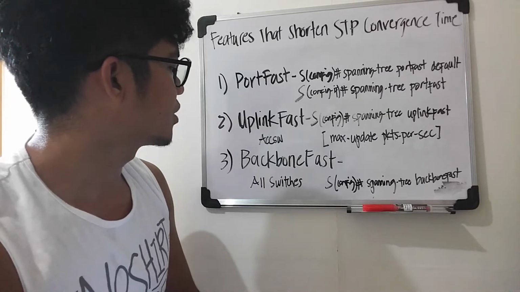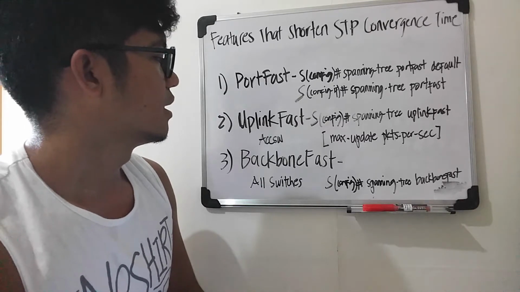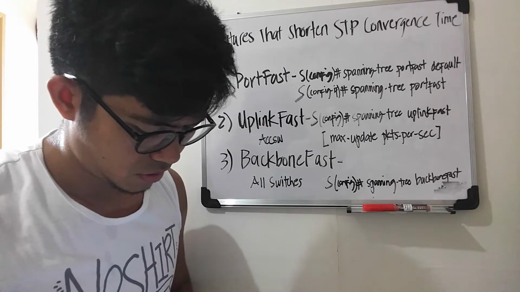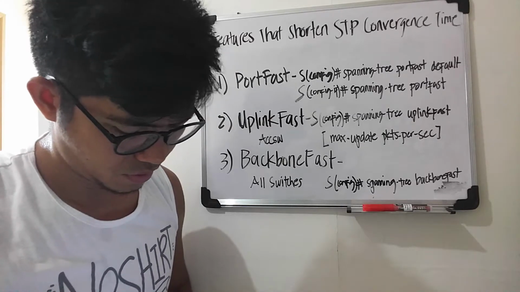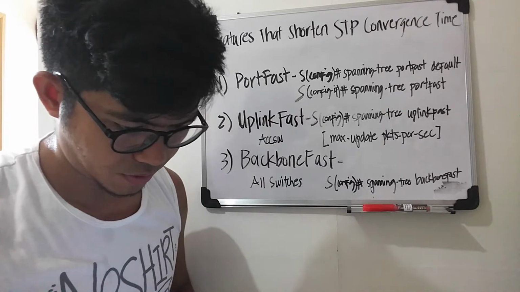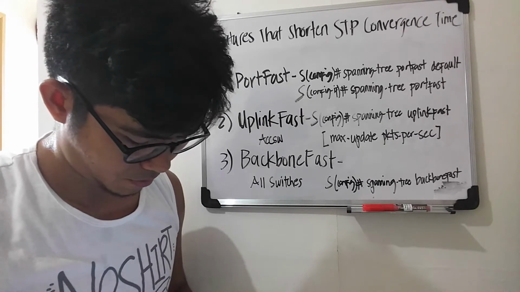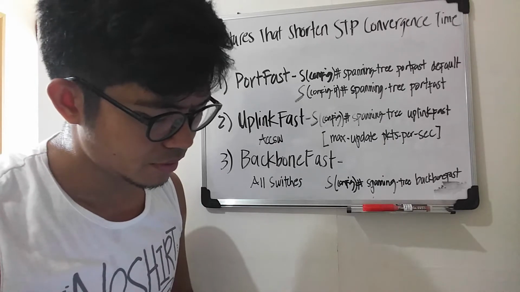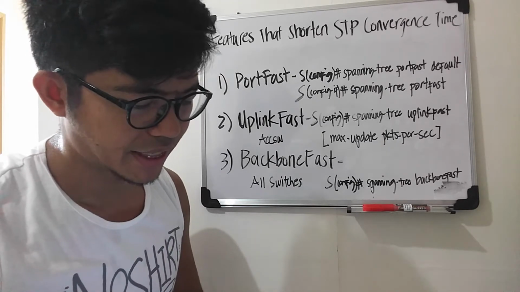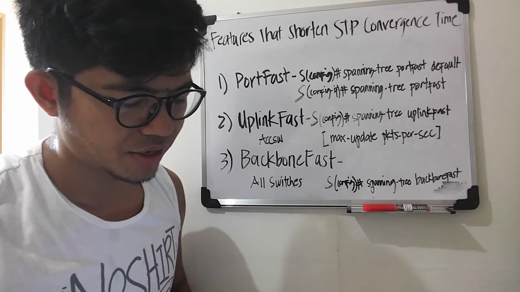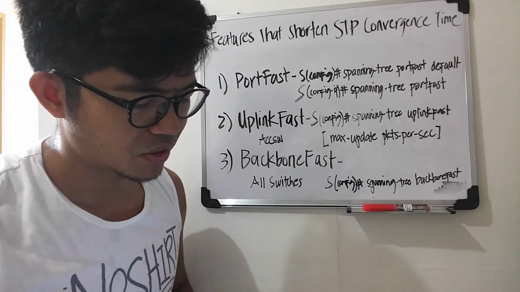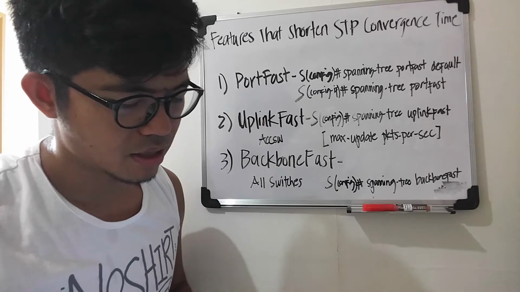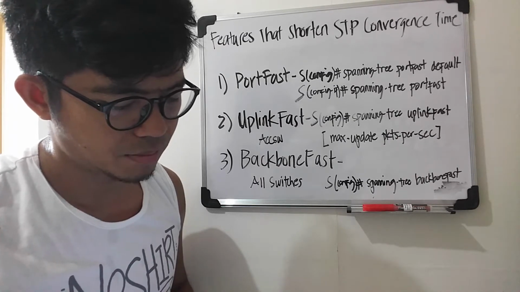And number three is BackboneFast. BackboneFast is an STP feature that can detect an indirect link failure and shorten the STP convergence time to 30 seconds by bypassing the max age timeout period.